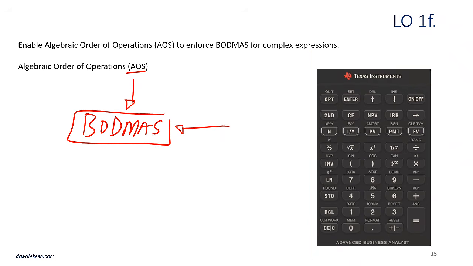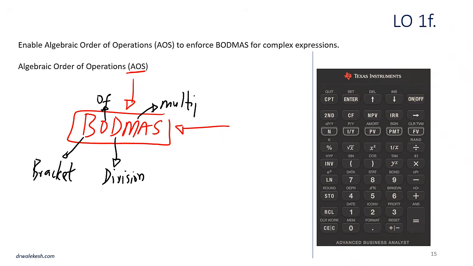What is BODMAS? B is bracket, O is off, D is division, M is multiplication, A is addition, and we have S as subtraction.